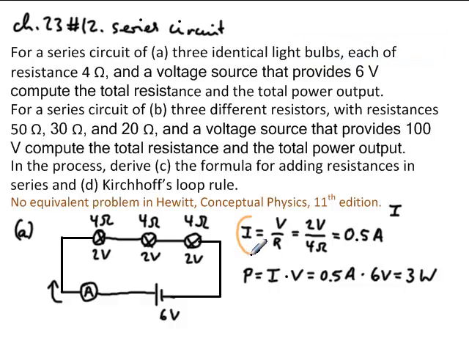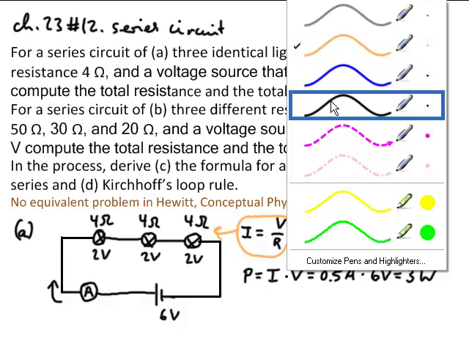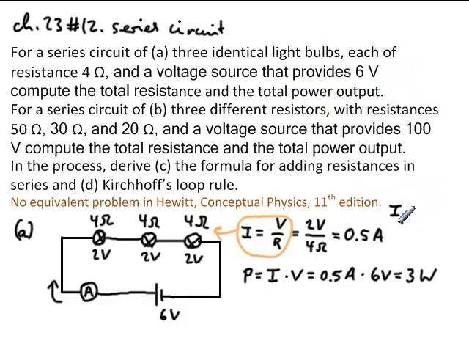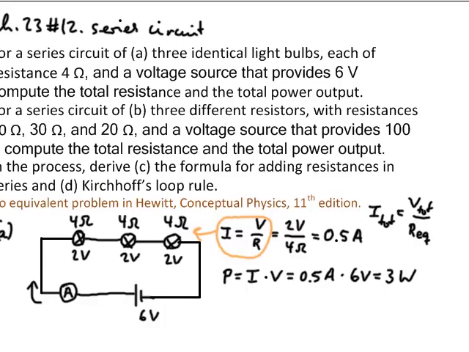So this one here was for the individual ones, but now it's going to be the total. So total current equals total voltage divided by what is called the equivalent resistance. I need to push this over a little bit.